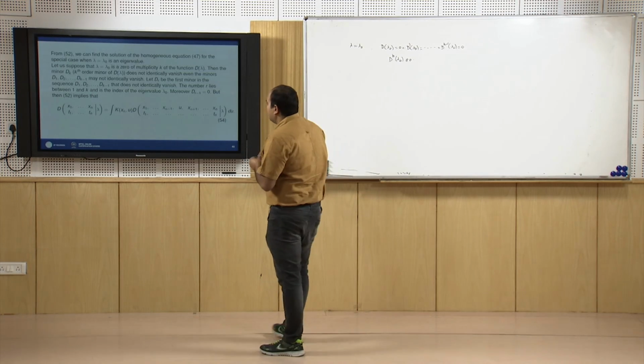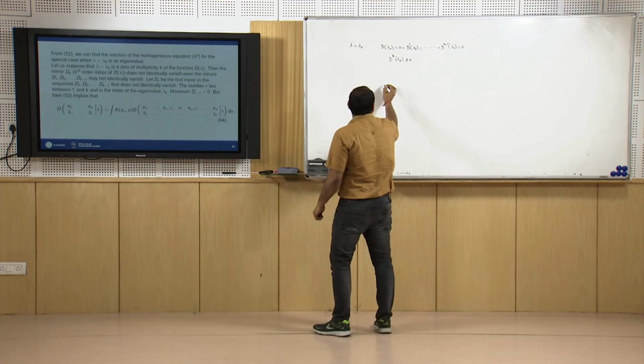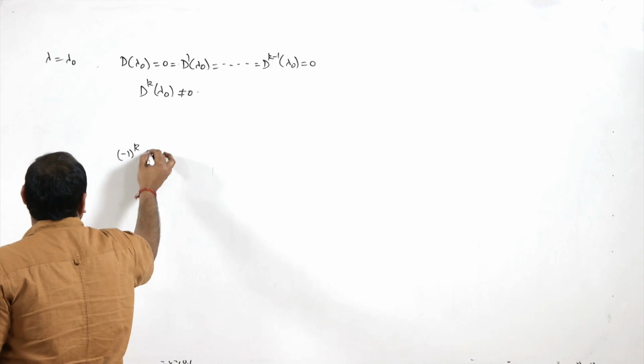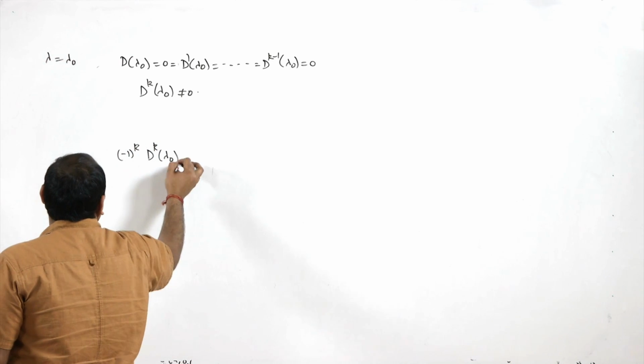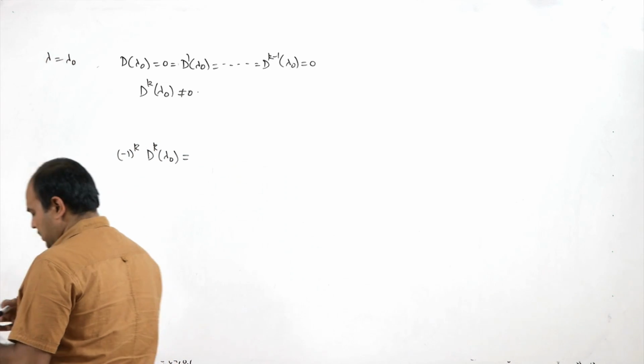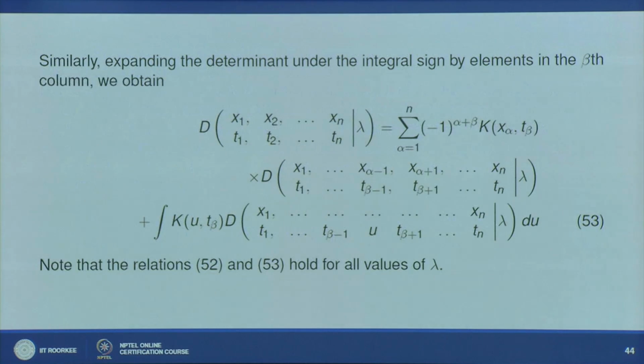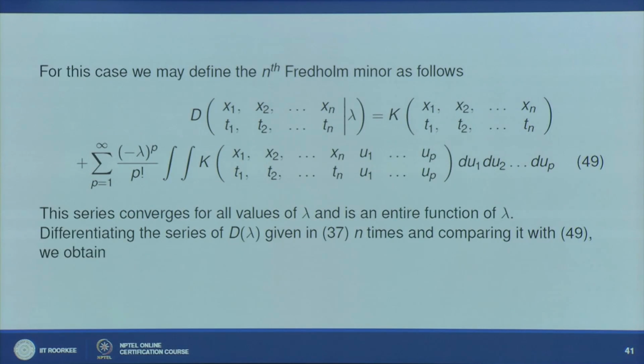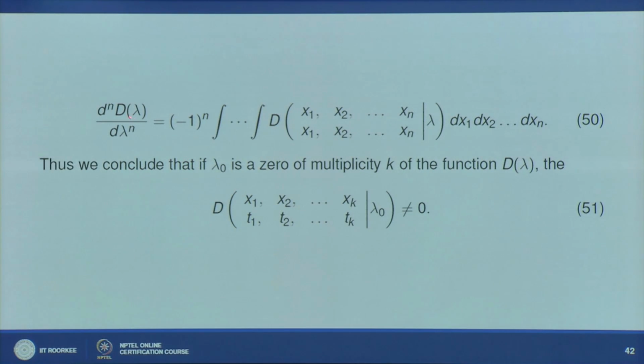Okay. Now we know from this relation, minus 1 to the power k D^k(lambda naught), if you remember equation number 50, the differentiation of D(lambda) with respect to lambda k times. So if D^k(lambda) is non-zero, the corresponding kth minor is also non-zero.